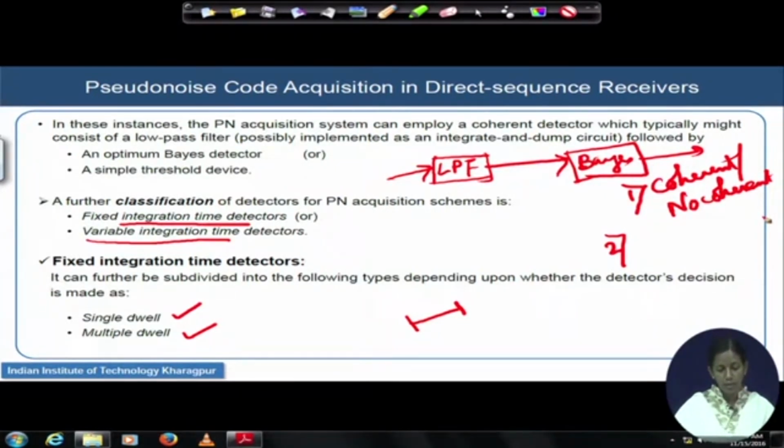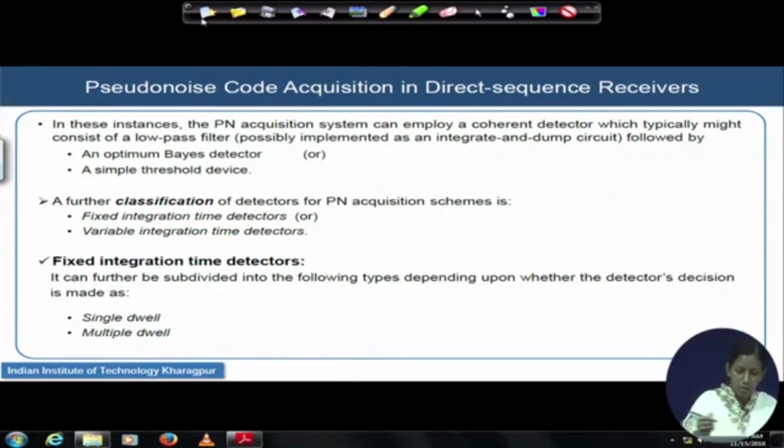So, in the fixed integration time detectors, the interval over which the integrate and dump circuit works is fixed, but it may be a single integration or multiple integrations, so they are single or multiple dwell time detectors.